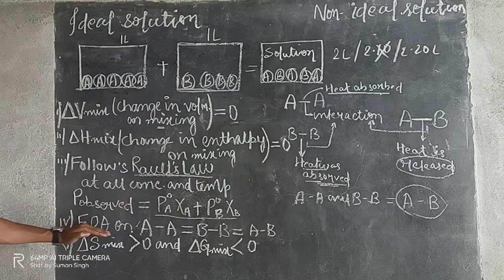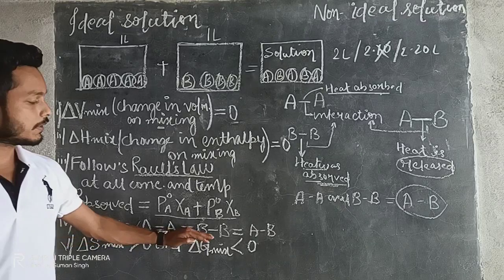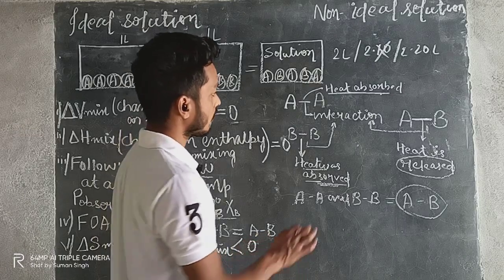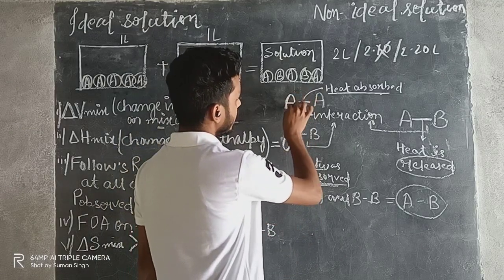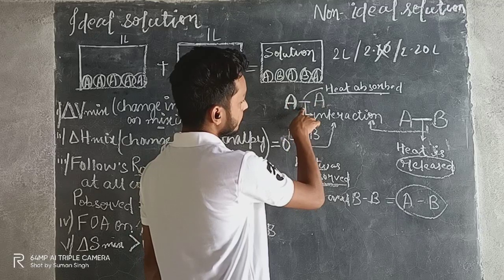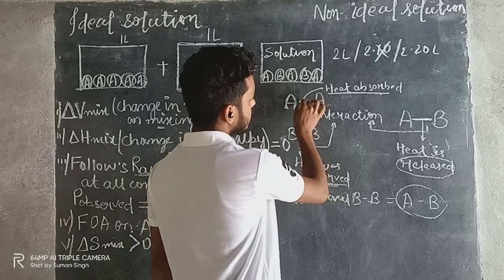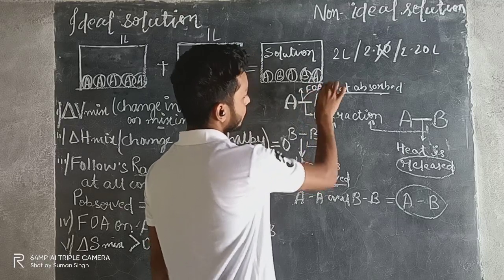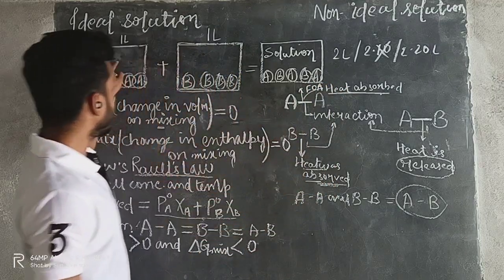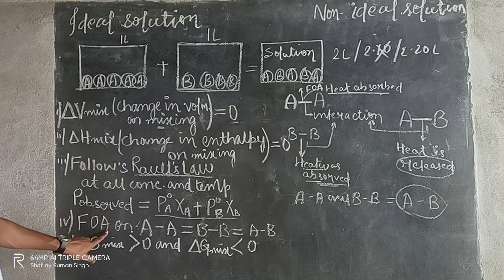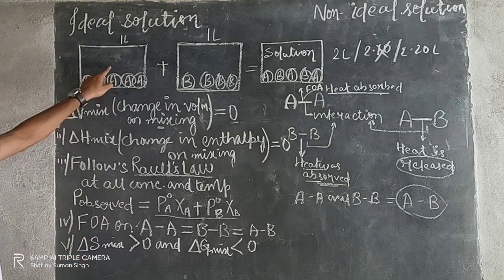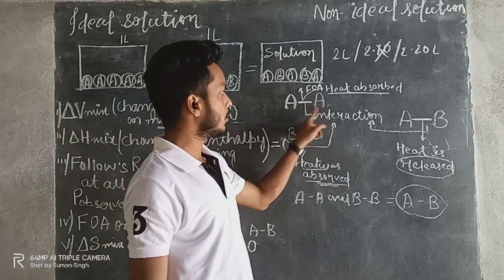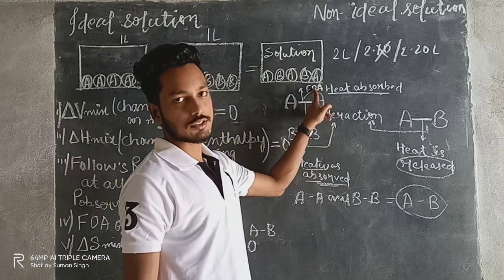Now after that, the force of attraction in AA and BB is the same as in AB. Let me explain what I mean. Suppose when only A was there, at that time there was some force of attraction between the AA. I am writing it in short form as FOA. So when only A was there, just to make you understand this term, between the AA there was some force of attraction.